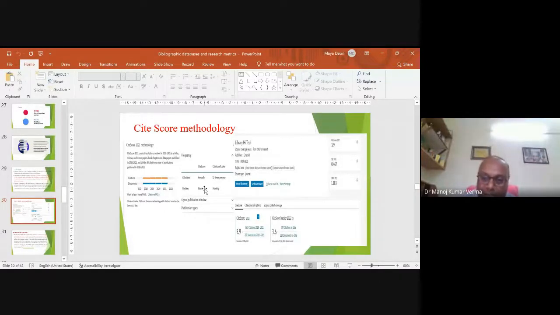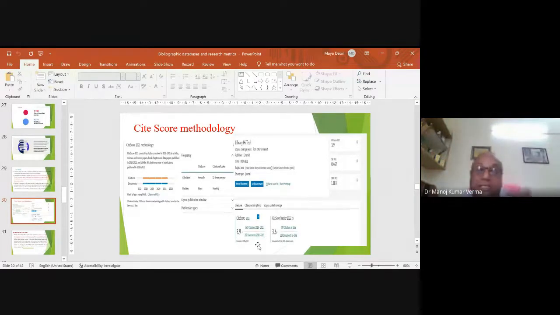So 3.9, I calculated it like this: 863 citations it received from 2018 to 2021, and 219 documents were published by this journal in 2018 to 2021.